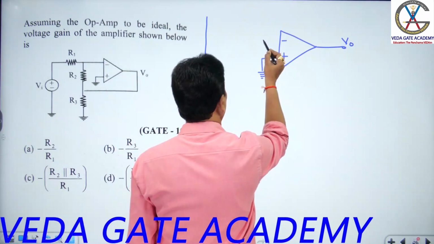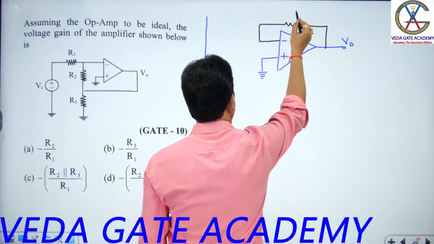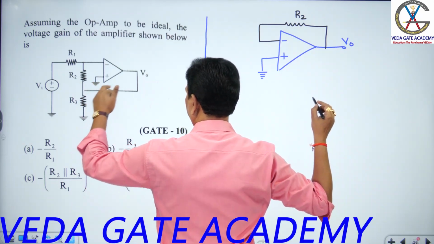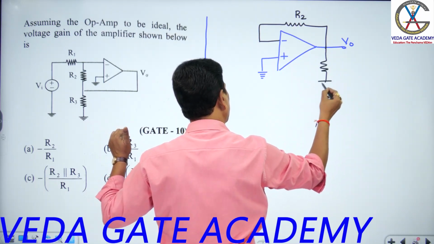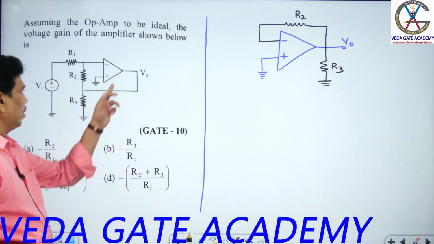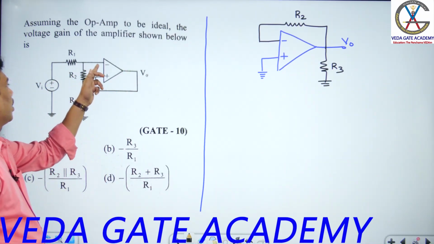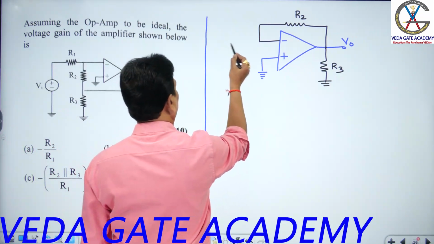Next, between the output and ground, who is there? R3 is there. I redraw the circuit like this. Confirm now, students? Output to ground is R3. Next, between the inverting input and the supply, R1 is there.